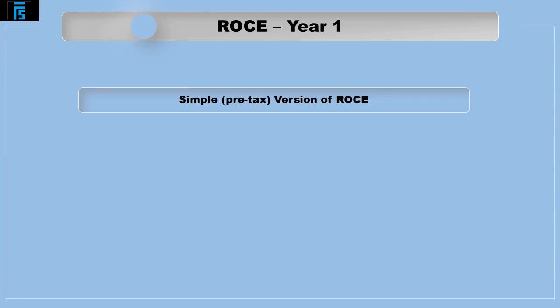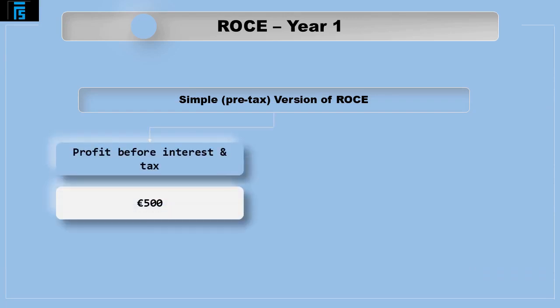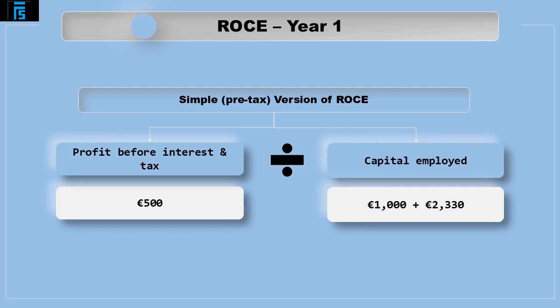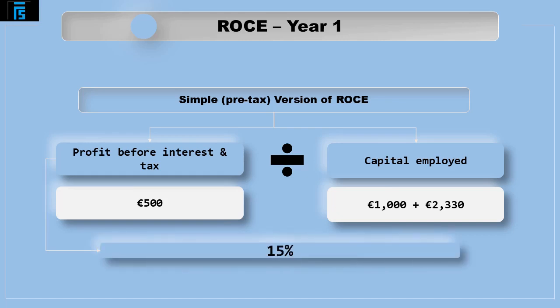In year 1, the ROCE before tax is calculated as the profit before interest of €500 divided by the sum of bonds issued of €1,000 and total equity, which amounts to €2,330. Accordingly, the year 1 pre-tax ROCE comes in at 15%.